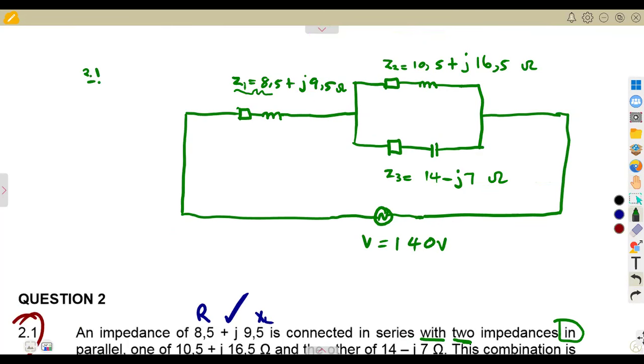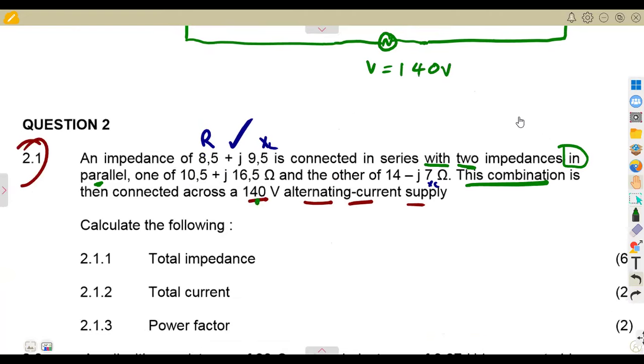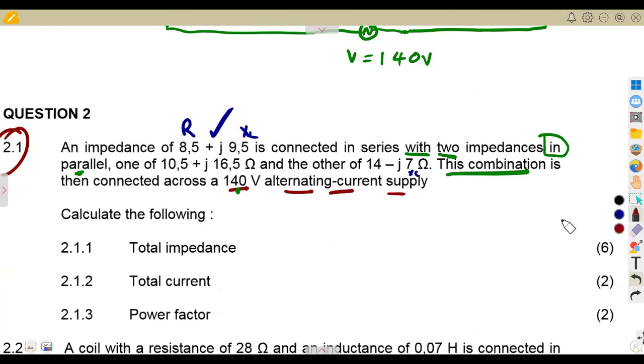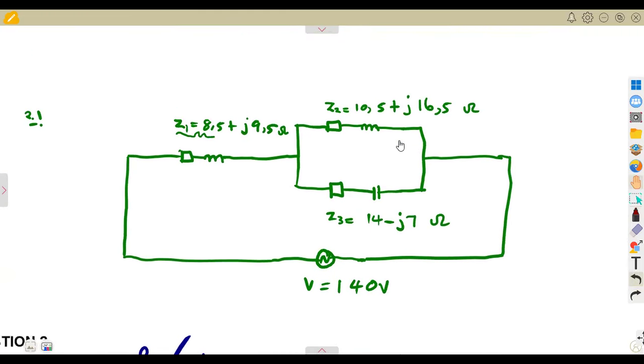That is the sketch. Let us consider that the question is to calculate 2.1.1, that is the total impedance. For the total impedance, it will be wise that we also convert these to polar form so that for our calculations we're not going to have any challenges later on.